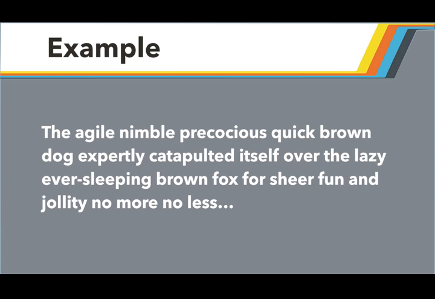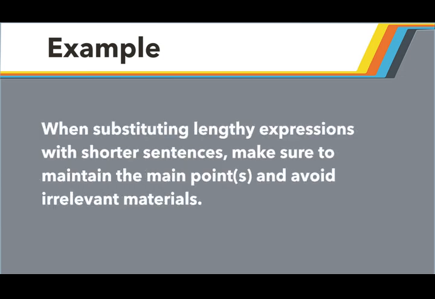What will you say this text is about? The expected response would be a dog jumping over a fox. When substituting lengthy expressions with shorter sentences, make sure to maintain the main point or points and avoid irrelevant materials.